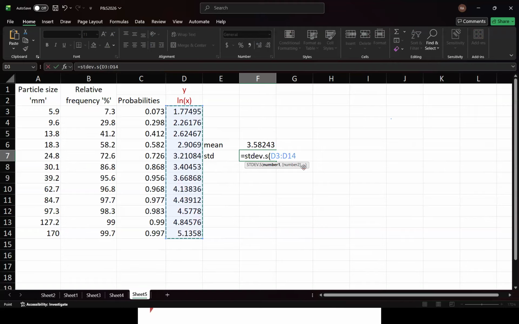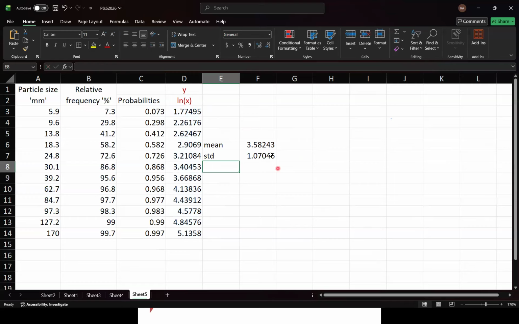The important thing is that we are calculating all the estimates for the transformed variable. So we got these two values. It means a normal distribution in y should be generated around this mean value and standard deviation.